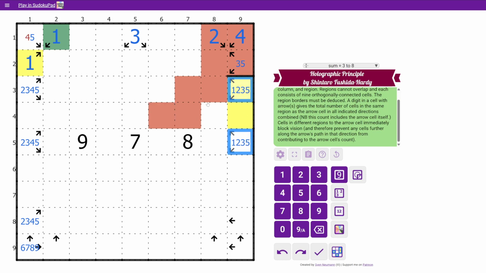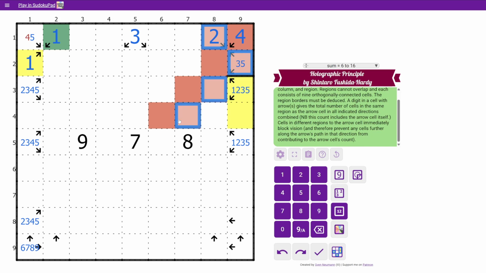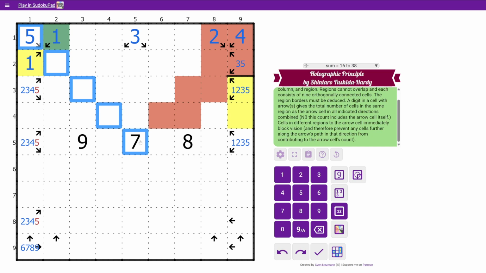And it is also 1, 2, 3, 4, 5, 6, 7, 8. 8 cells. So it can get one more. 1, 2, 3, 4. So it could technically be that one if that was 5. And we did get a 5 over here. So these are going to make like an enclosed triangle up here.